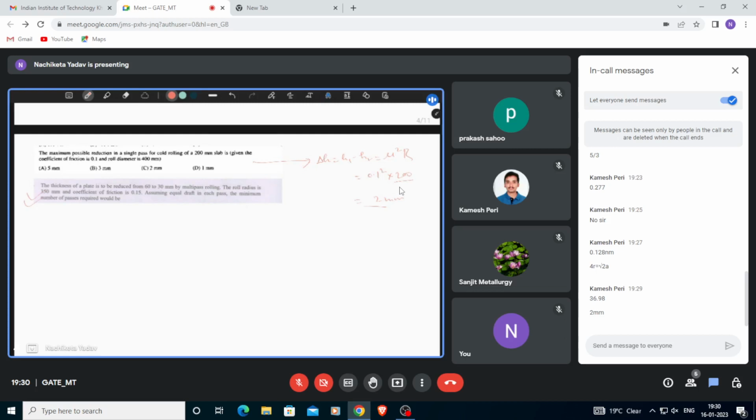Here the thickness of the plate is reduced from 60 to 30 mm by multi-pass rolling, and the roll radius and the coefficient of friction are given, and we have to assume equal draft in each pass. So what is the minimum number of passes required to reduce the thickness from 60 to 30 mm? What will be the answer?